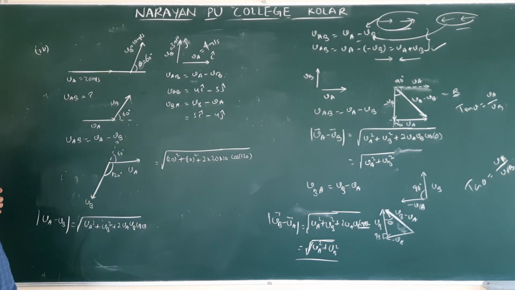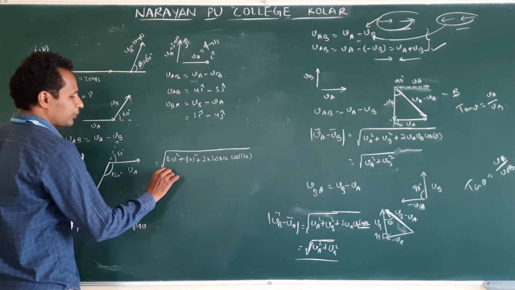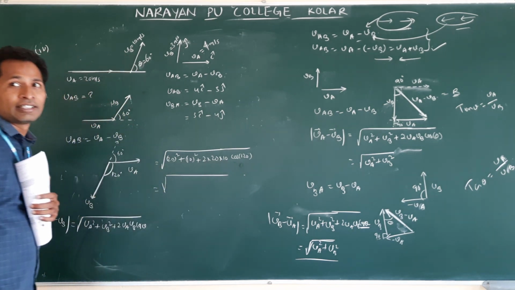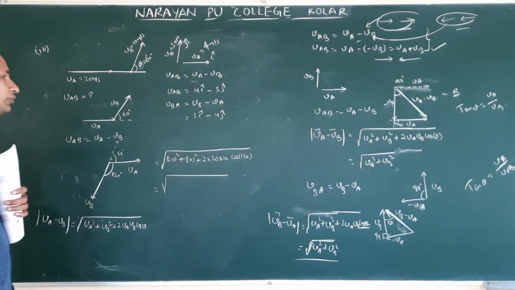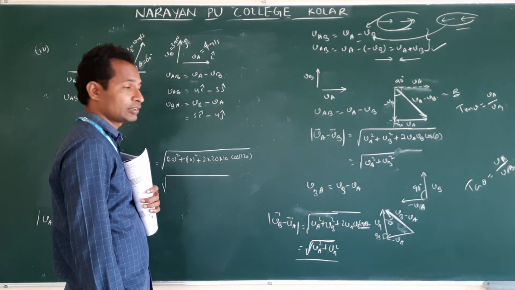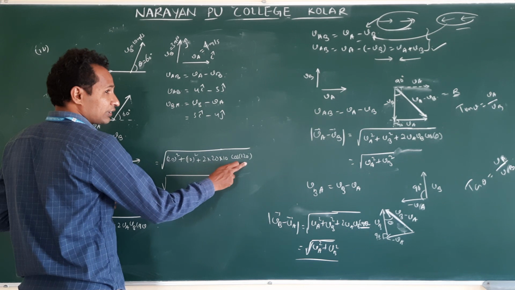Okay, cos 120. You already learned in mathematics, 90 plus 30. Cos of 90 plus 30, what do you get? Minus cos theta, clear? Minus 30.